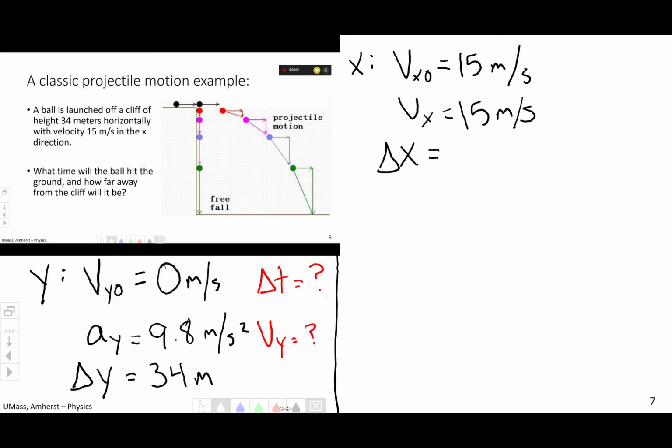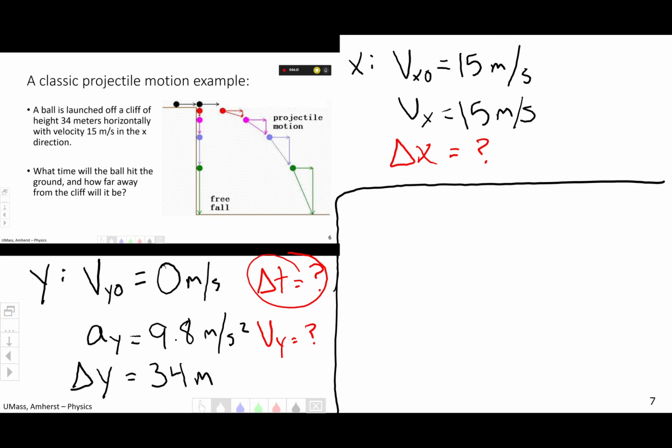That's the end goal here. We want to know what time, and then we want to know where this will hit. So the time is going to be the connecting factor here. Whatever we find for time in the vertical direction, we can then apply to the horizontal direction.